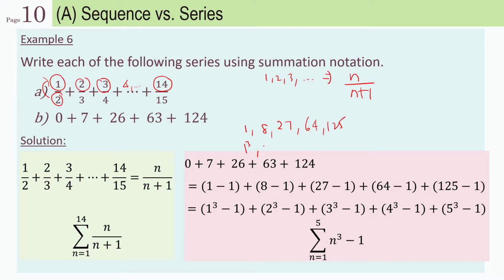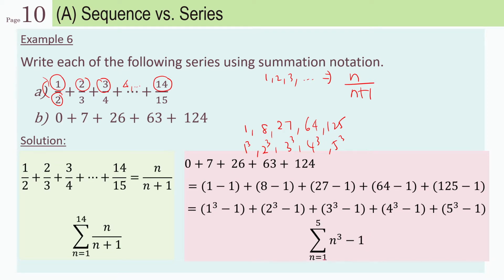This is 1 to the power of 3, 2 to the power of 3, 3 to the power of 3, 4 to the power of 3, and 5 to the power of 3. Compared with 1, 8, 27, 64, 125 and our original question, each term is less 1 than the one over here. So we're going to have 1 cube minus 1, 2 cube minus 1, 3 cube minus 1, every one minus 1. So it becomes n cube minus 1.